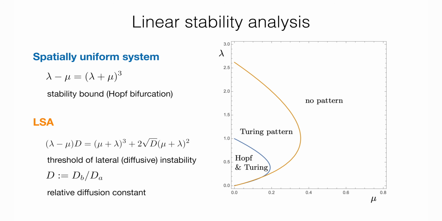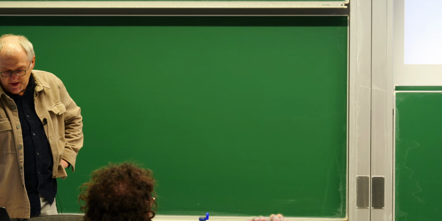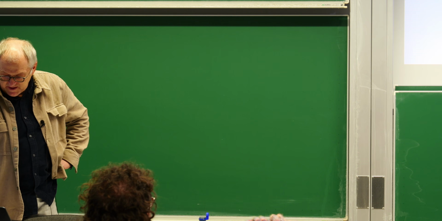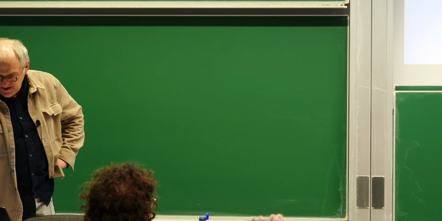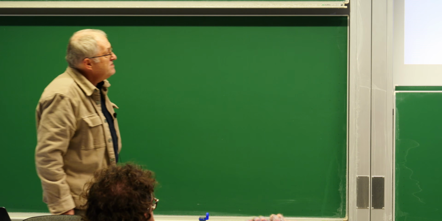This is also a line in mu lambda phase space, just written in an implicit form because these are third order polynomials. So let's plot these lines in phase space, and here they are.